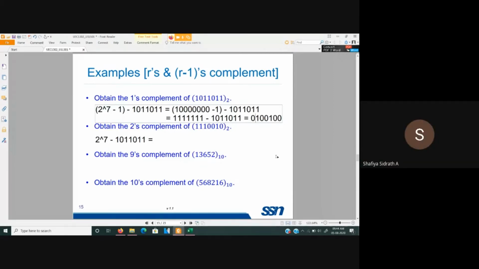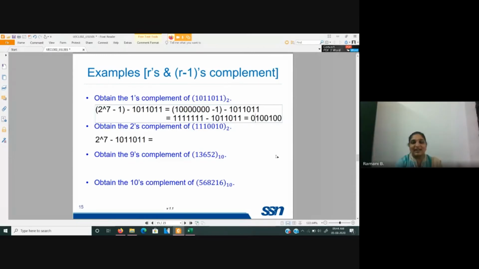Ma'am, how is it 111, ma'am? If you try the subtraction, here all the least significant bits are zeros. So you will be borrowing from the most significant one over here, which will become a 0, and the remaining digits are actually 1 0, which implies 2, right?